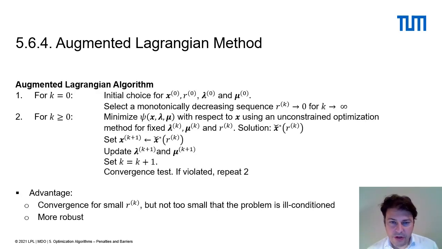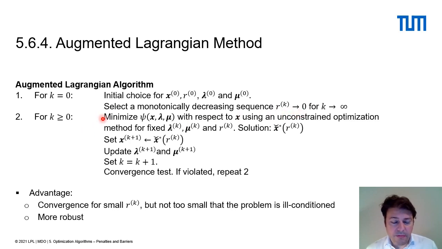And now to put it all together, this is what the algorithm looks like. You set up your initial values, then you select a monotonically decreasing sequence of r going to 0. But in this case, for the augmented Lagrangian method, r doesn't need to go to 0 very fast.